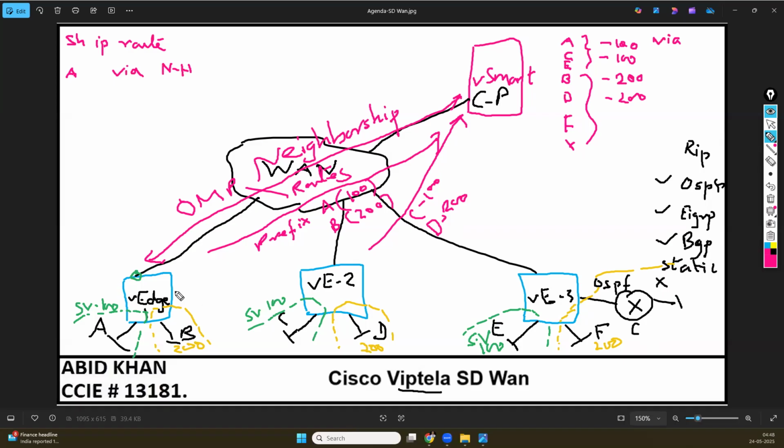Last time I said that every device has a unique ID, and that is called what? System ID. Every device has a unique ID, like a router ID. It will be some IP address. Let's assume that on vEdge 1, this system ID is, let's say, 1.1.1.1, just assuming, or let's say 10.1.1.1.